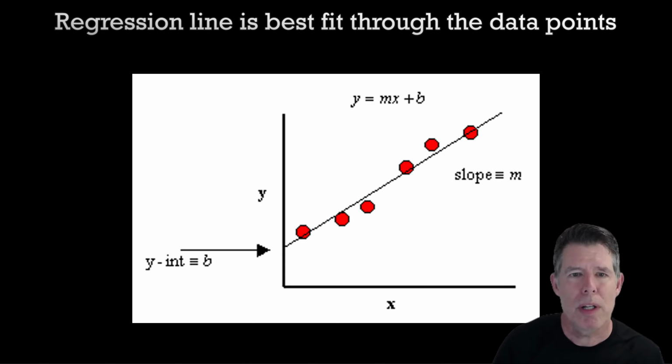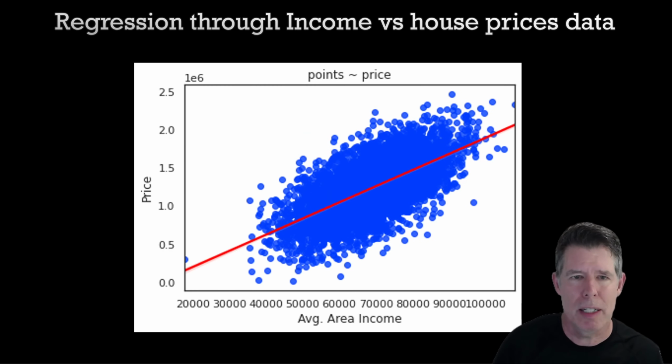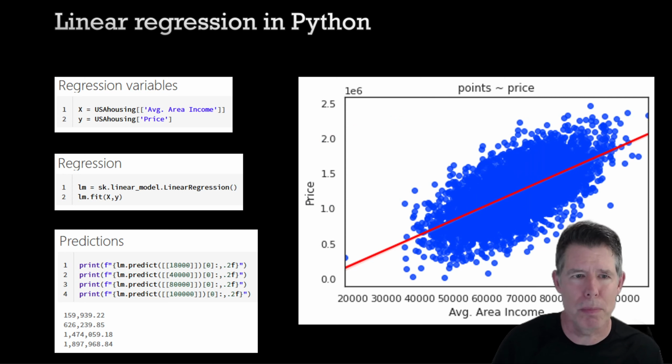So we're going to try to find this line using ordinary least squares over the data we're given. So here's the data again, and we're going to put a line through it, and that's what the linear regression is going to do. I'm going to do this in Python.